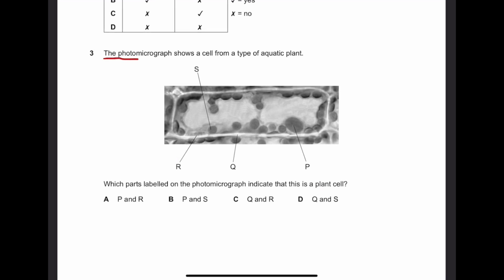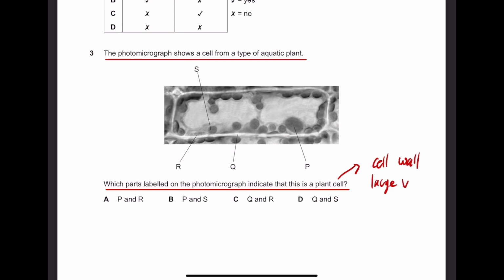Number 3. The photomicrograph shows a cell from a type of aquatic plant. Each part labeled on the photomicrograph indicates that this is a plant cell. As we already know, the plant cell has a cell wall, a large vacuole, as well as chloroplasts. From the photomicrograph here, I can see that the biggest circle is the nucleus, and the smaller ones, these ones, are chloroplasts.